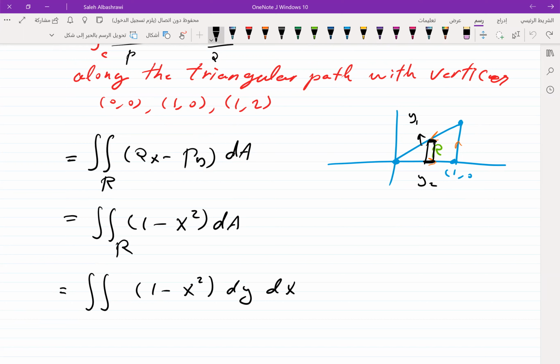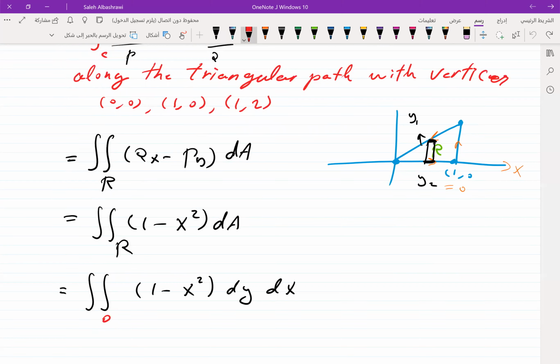We need to find the limits of the variable y. The lower limit is the equation of the x-axis. And for the x-axis, it is y equal to 0. So the lower limit is 0.